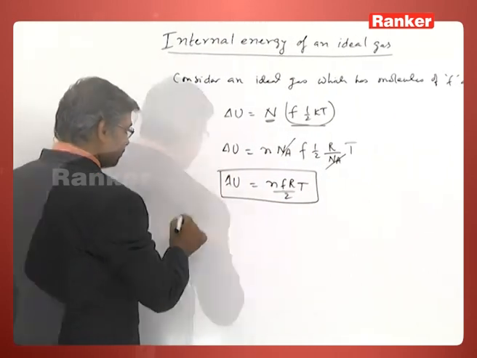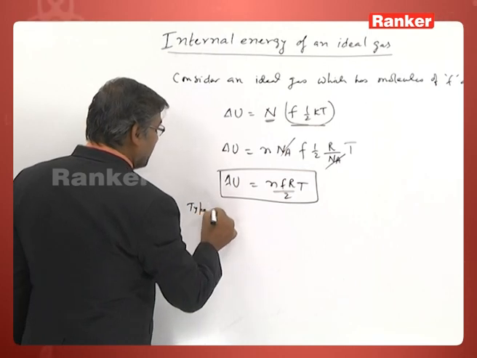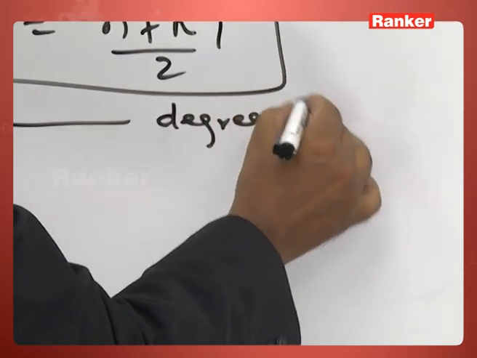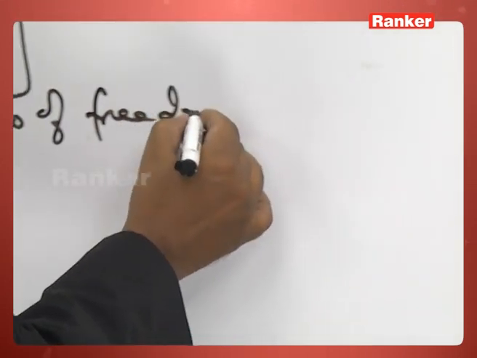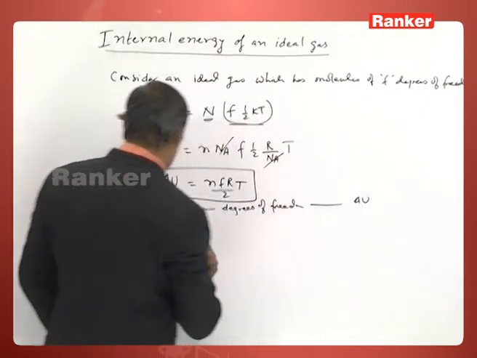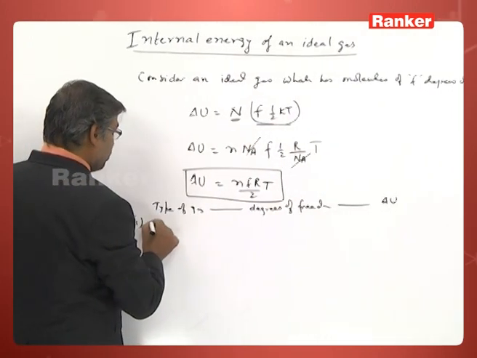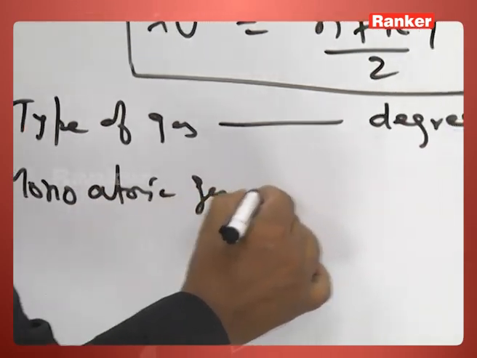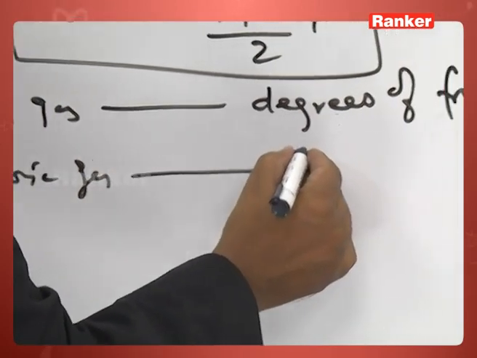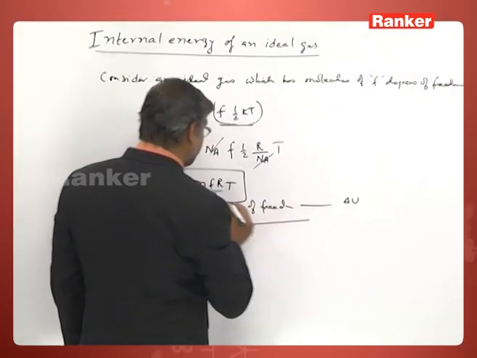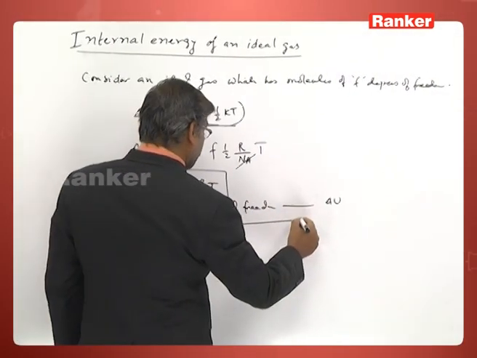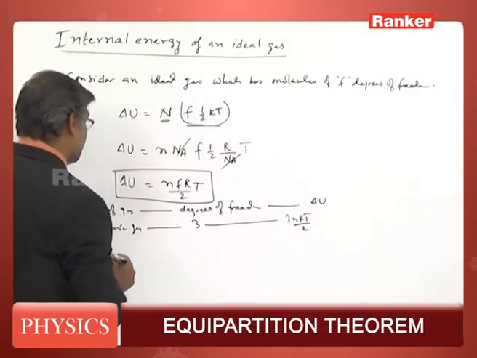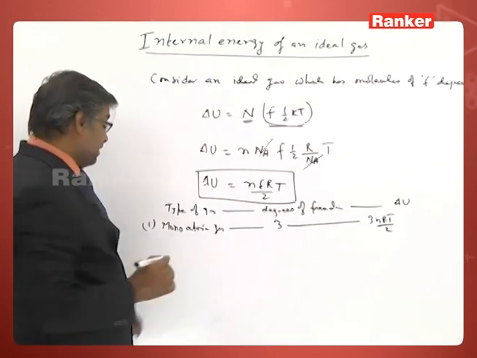Now, let us see. We have the type of gas, then we will write the degrees of freedom, then here we will write the internal energy U. Number 1, monoatomic gas. We have seen it has 3 degrees of freedom. So, 3 nRT by 2 will be its internal energy.